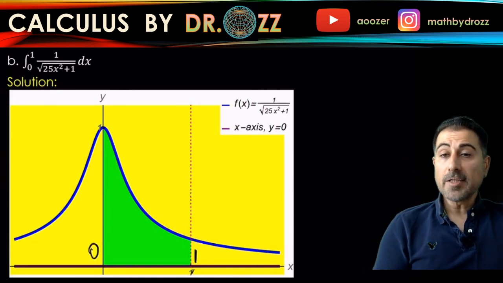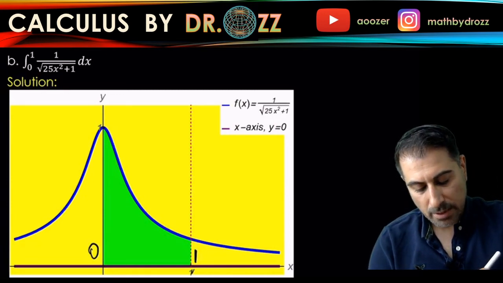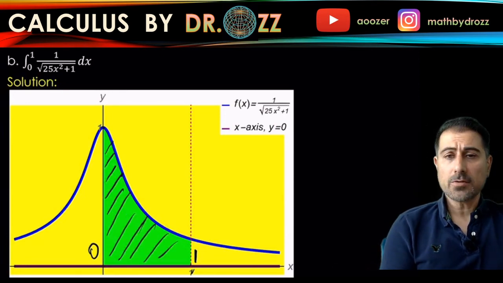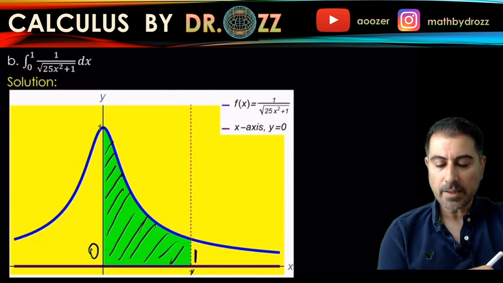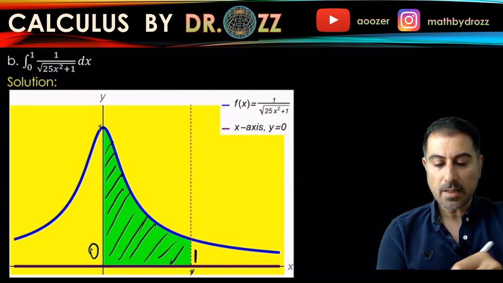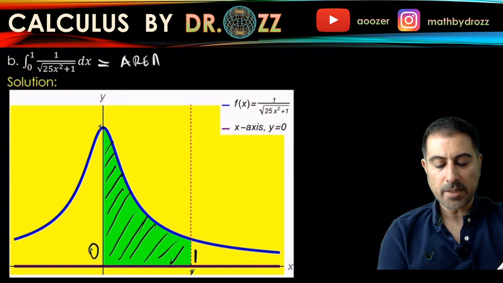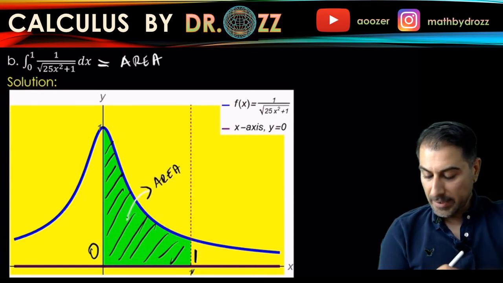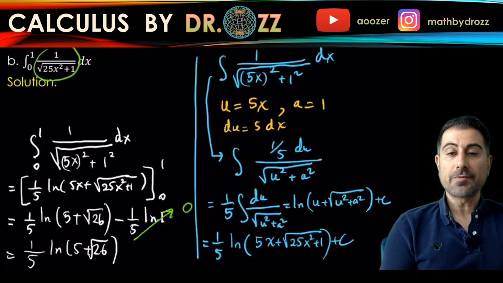So we have this green region, so the question is, what is the area of this region, okay? So you may have been asked this question so that you would still calculate this integral. So this is in fact now the area of this region, right? All right, so that area turns out to be 1/5 ln of 5 plus radical 26.